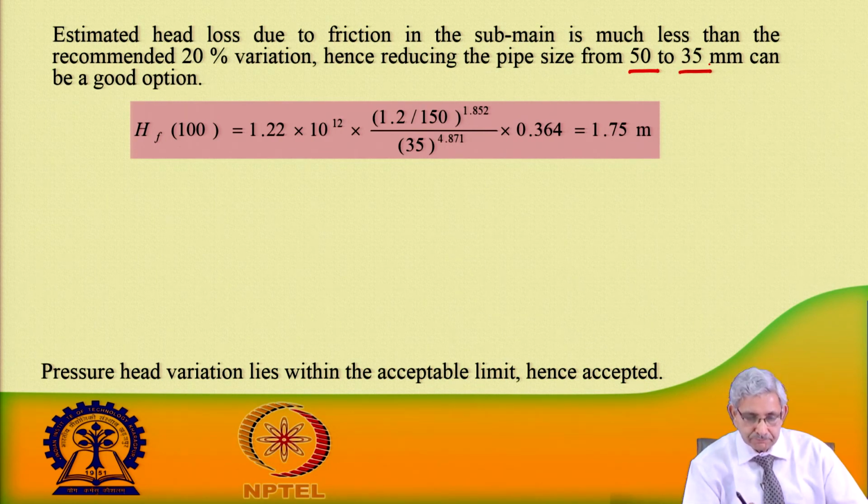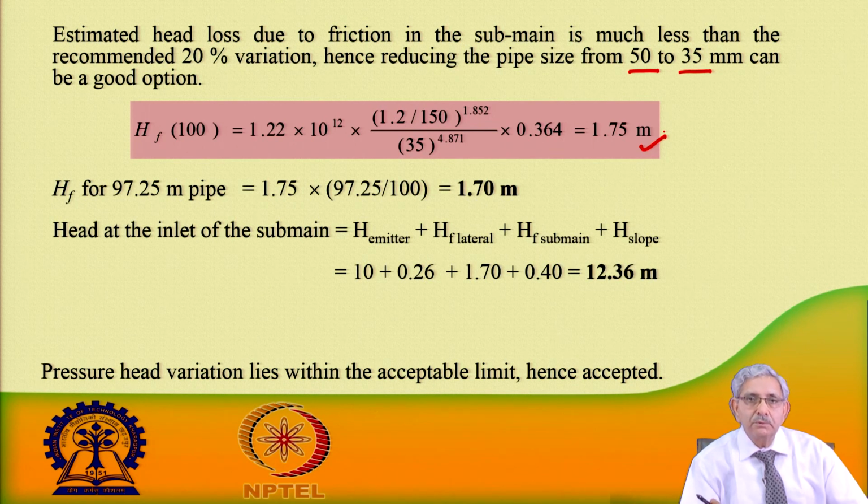So, when we take this lower pipe size, 50 to 35 millimeter, we get head loss due to friction as 1.75 meter, so HF for 97.25 meter will be 1.70.